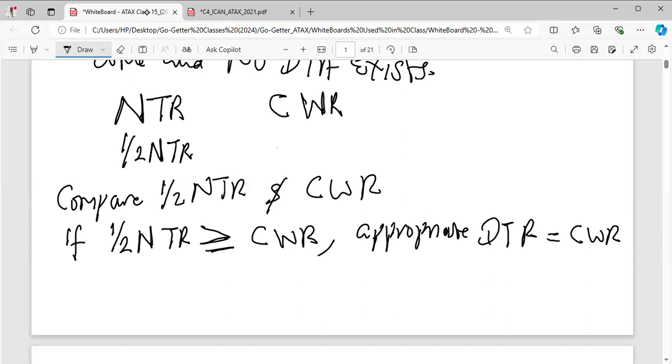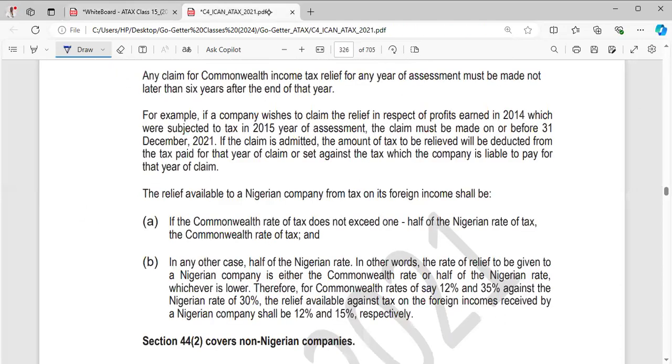So what it's saying here is if the Commonwealth rate of tax does not exceed one half of Nigerian tax, that means it could be less than or equal to it. That means half of Nigerian tax is higher than the Commonwealth rate of tax. So that's situation one.